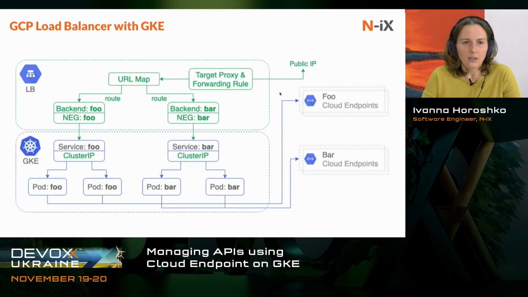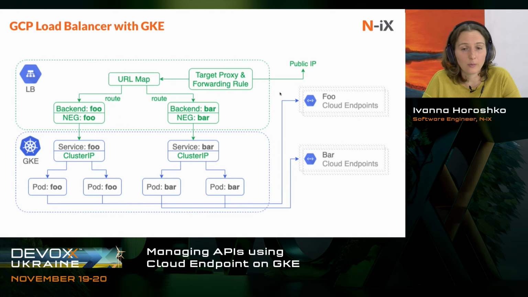Okay, let's take a look at how this is going to look if we introduce the load balancer. First of all, for our services foo and bar, we remove the ingress controller and ingress resources. Our services for foo and bar are now back to cluster IP, meaning that they have a private IP address that is accessible only inside of your GKE.